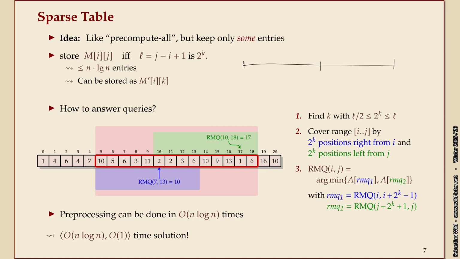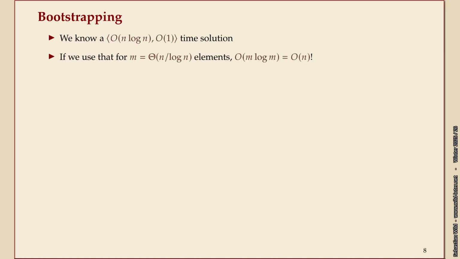And that indeed works. It gives you a slightly different trade-off. If you take a cleverly constructed input that has n divided by log n elements, then n log n turns into linear time. Okay, that's easy.